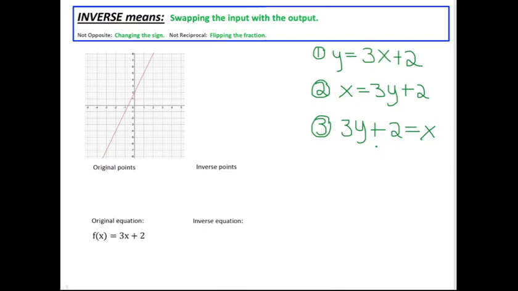And then the next step in the solution process will be to subtract 2 to undo the adding. So I now have 3y equals x minus 2.